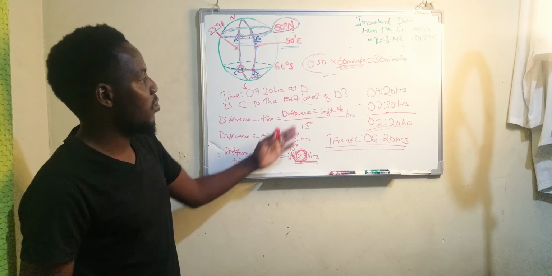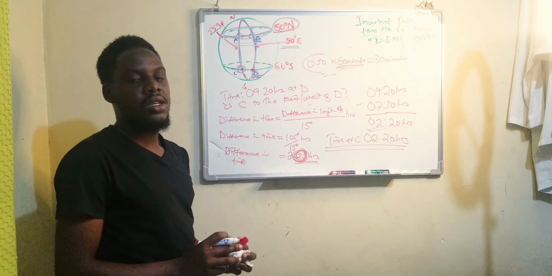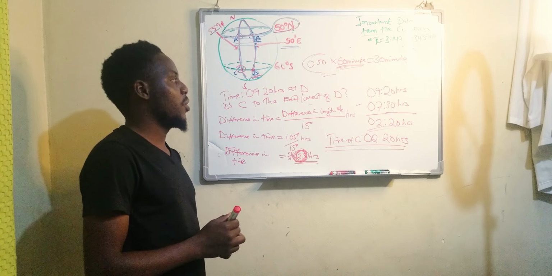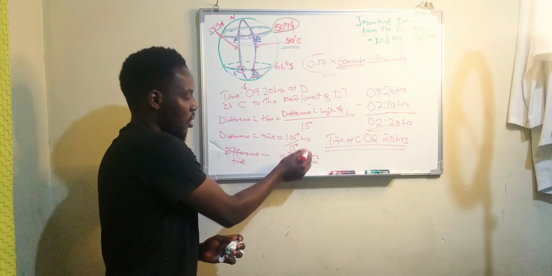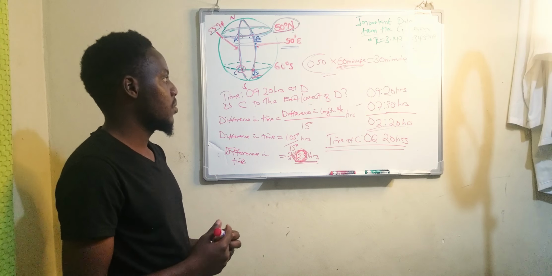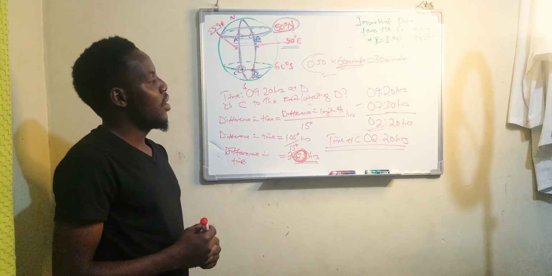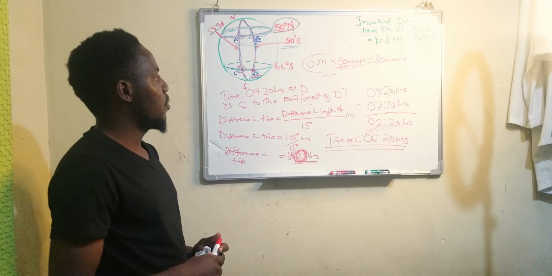So you need to keep this in mind as well. When you have a point, you keep in mind the 60 minutes. You multiply those points that you have there by 60 minutes in order to change it to minutes.